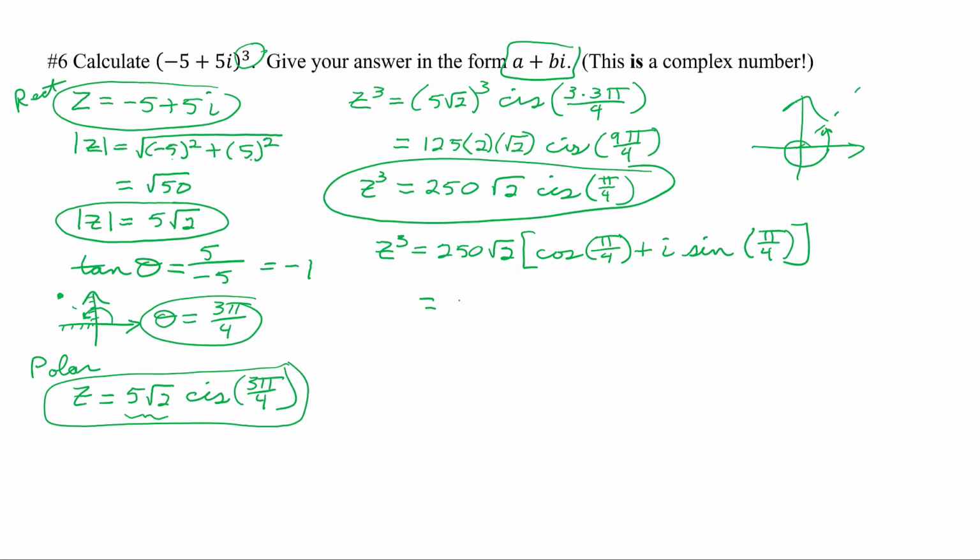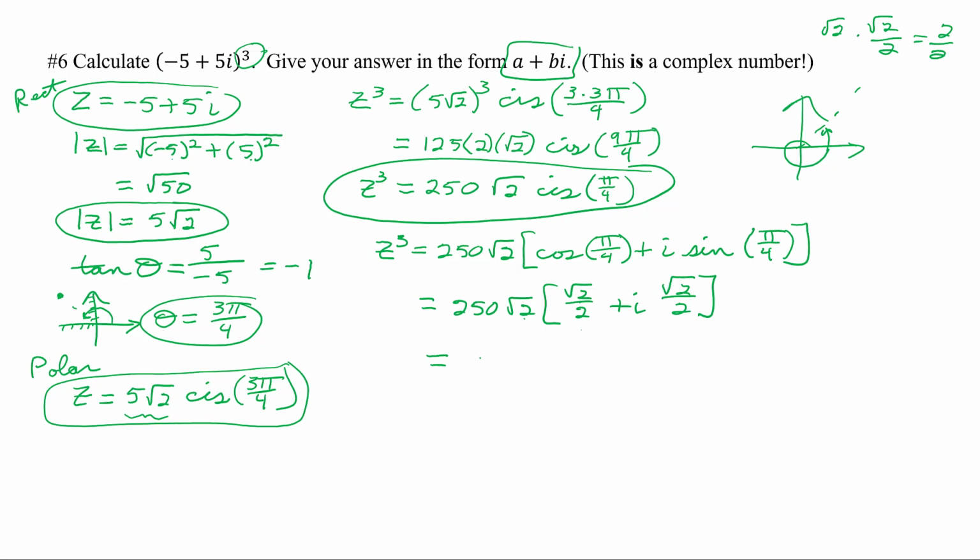Okay, and then we'll continue simplifying. We have 250 square root 2. The cosine of pi fourths is square root 2 over 2, as is the sine. And then distributing 250 square root of 2 through, notice square root of 2 times square root of 2 over 2 is the same as 2 over 2, or 1. So we can kind of ignore the square root 2 part of this.